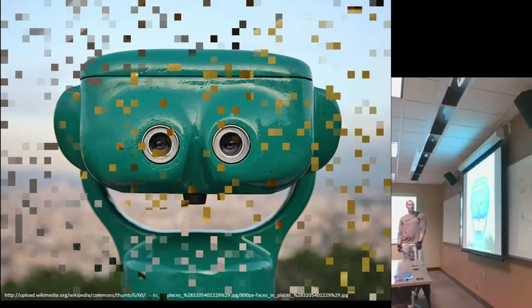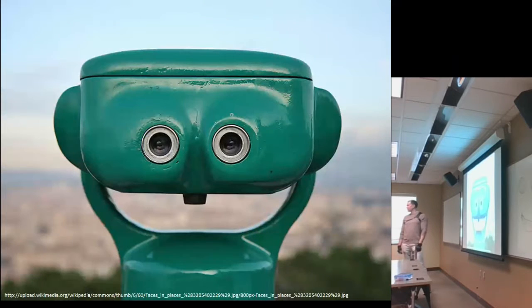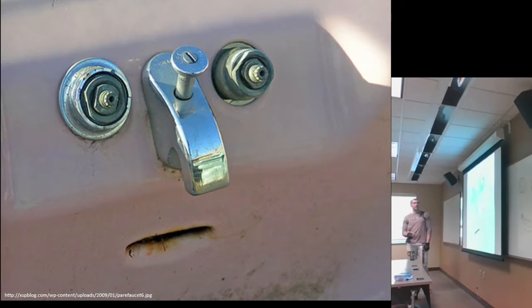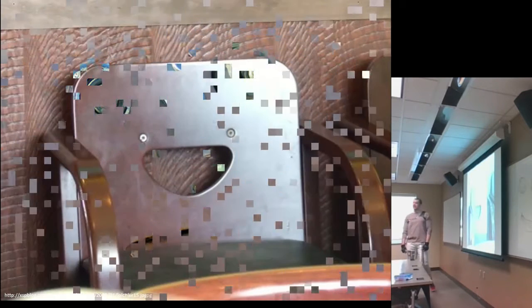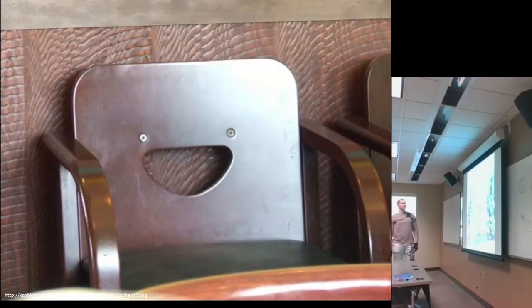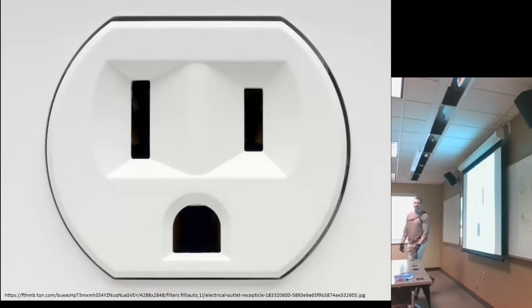We got a rather happy set of binoculars or telescope here. We have a kind of worried faucet, right? Complex stimuli, but again, there's your face. We got a chair that just can't wait for you to sit down on it, right? This is one I think that we've all noticed. The plugs look like rather shocked individuals.